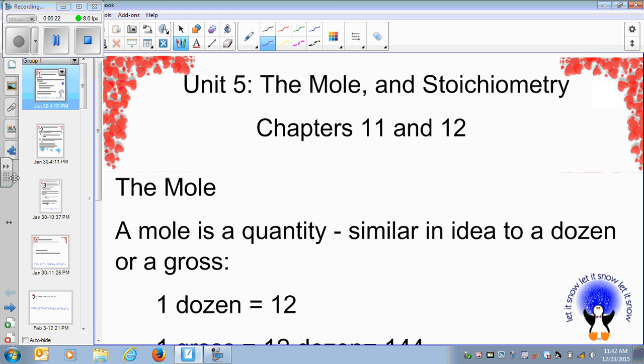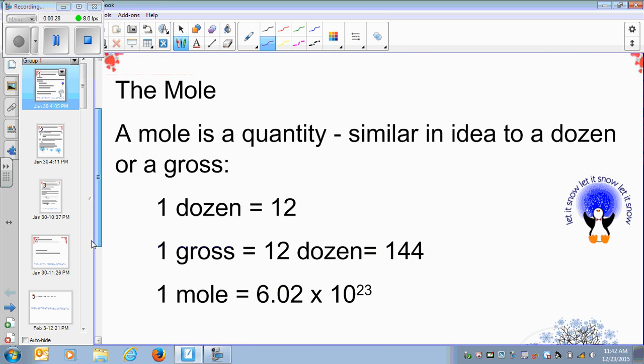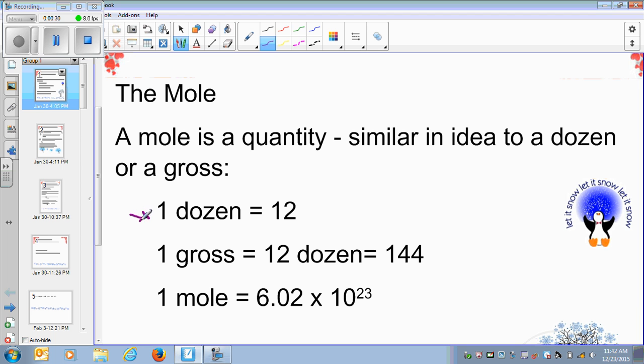We will start our first lesson on moles. To discuss the mole, we need to understand the concept of a dozen. But in general, you need to understand that a mole is a unit, just like a dozen is a unit, or grams, milliliters, or liters are units.